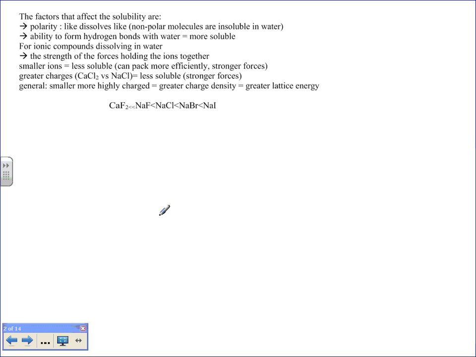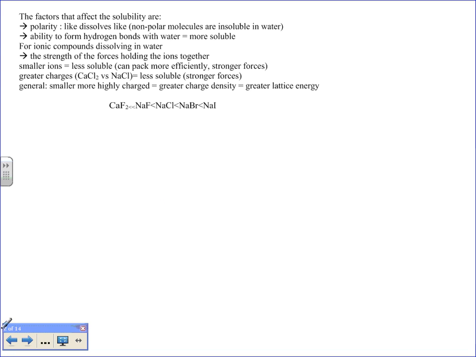As you know from your studies of solubility, not everything has the same solubility, and there are a few factors to consider to help us decide whether or not something will actually be able to dissolve in water. One thing to consider is the size of the ions. Smaller ions are going to be less soluble.